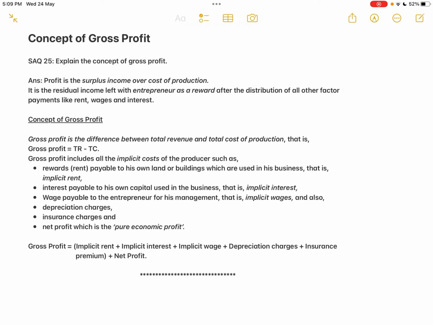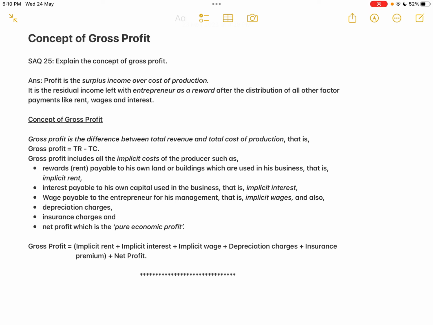The same way, the next one, interest payable on his own capital used in his business, that is implicit interest. Had he given his savings to someone else, he would have received the interest. Or in other words, had he borrowed capital from someone else, he would have paid the interest.